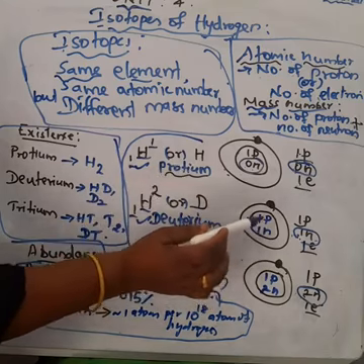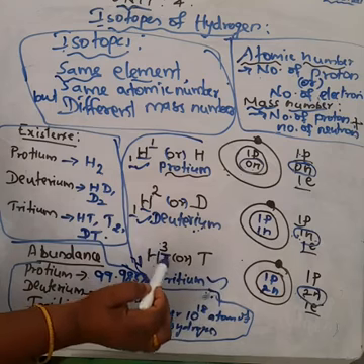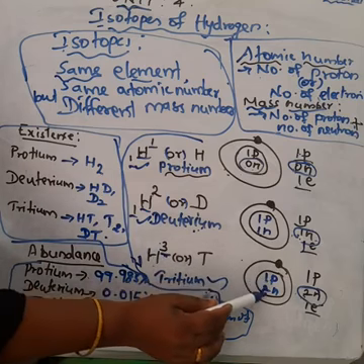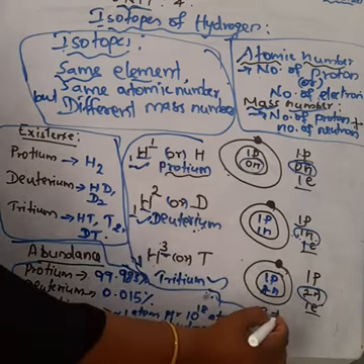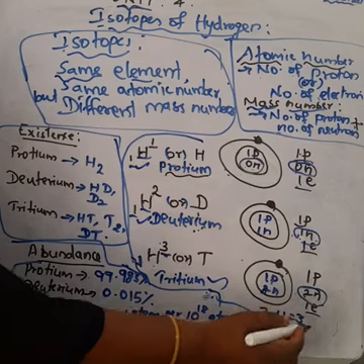For tritium, mass number 3 means number of protons 1, number of neutrons 2. So when we subtract the atomic number from the mass number, we get the number of neutrons.